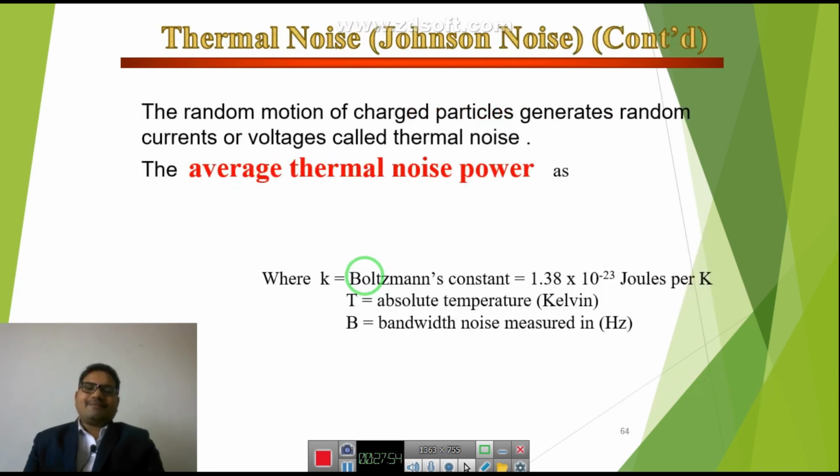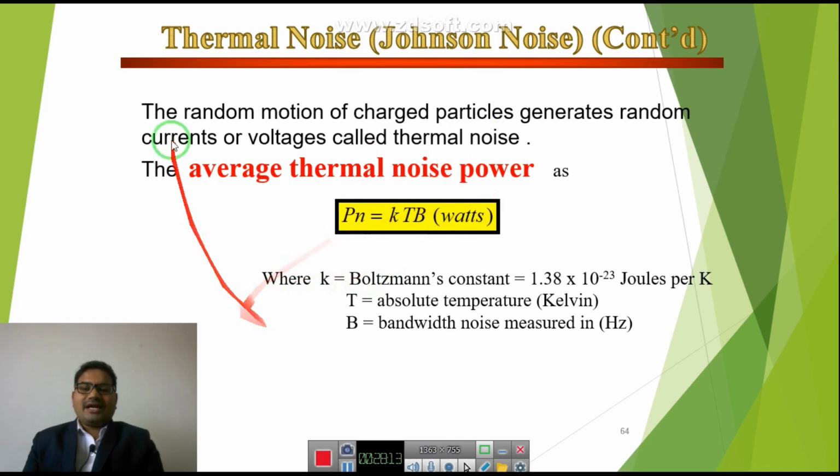Thermal noise. Now, the random motion of charged particles generates random currents or voltages called thermal noise, and the average thermal noise power is given as Pn = kTB watts. Now, what is k? k is the Boltzmann constant, that is 1.38 × 10^-23 joules per Kelvin.